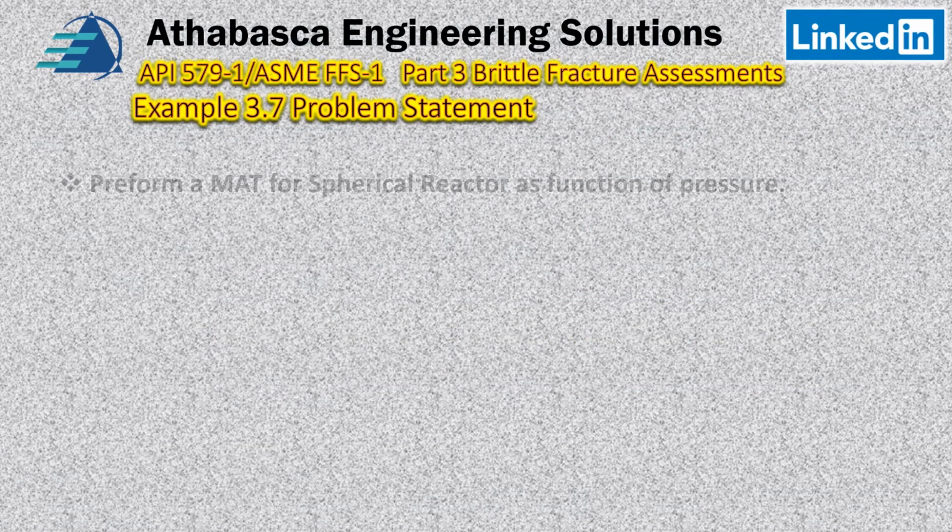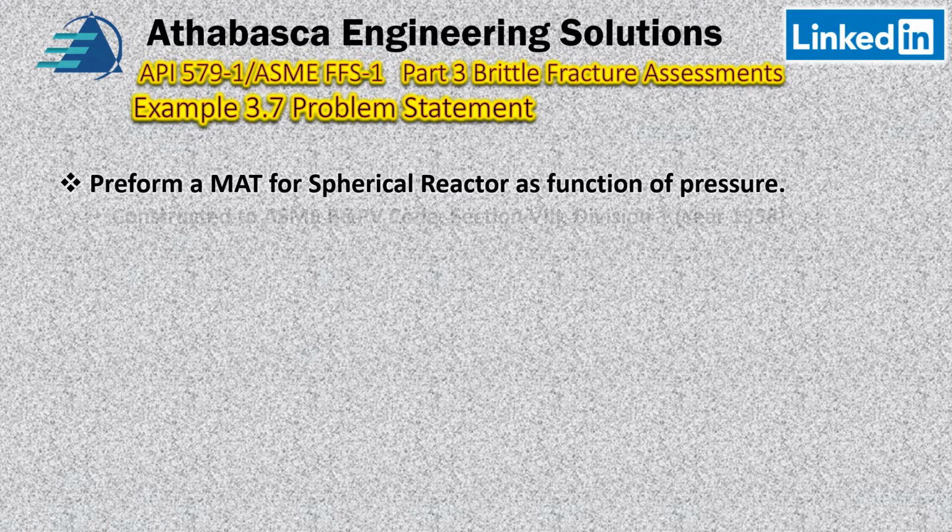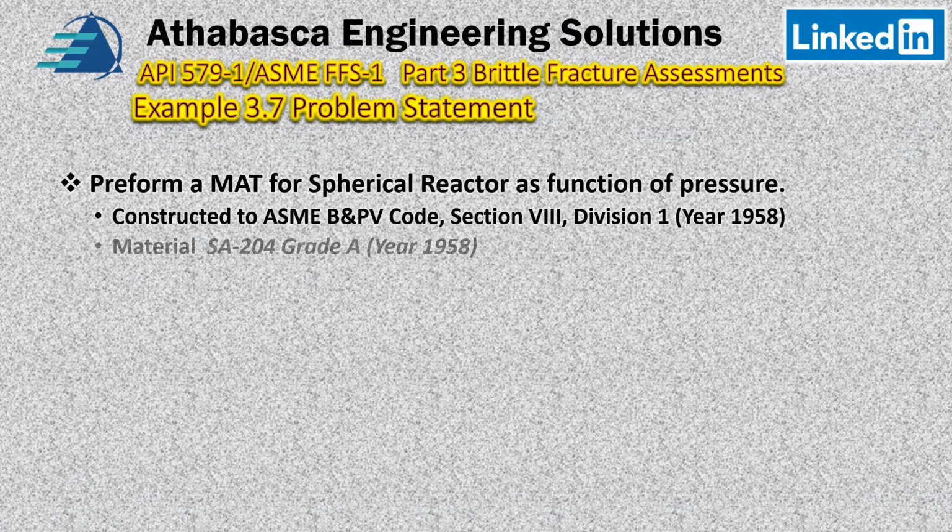So we want to perform a MAT for a spherical reactor as a function of pressure, very similar to example 3.6, but it was constructed to ASME Boiler and Pressure Vessel Code, Section 8, Division 1, and it's an old vessel, 1958. The material of construction is SA204 Grade A, which is an alloy material, and we'll talk a little more in a slide about where we would need to use that.